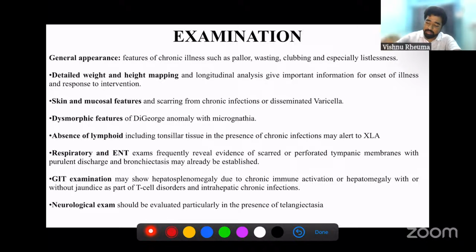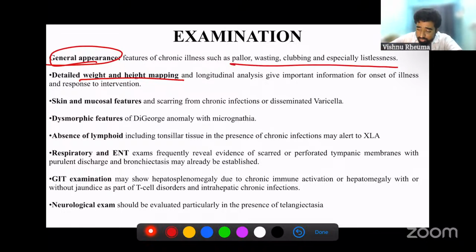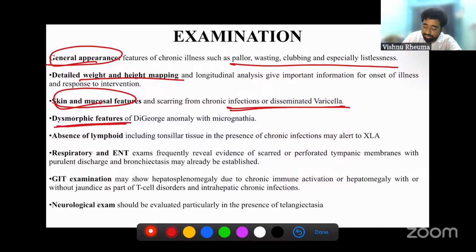PID is. For example, general things, there will be loss of weight, you have to do detailed, continued longitudinal testing of your weight and height. General appearance, you have to continually see, look at listlessness, basic general infection manifestations that are there. The skin and mucosa, especially, as I told you, for your phagocytic defects, you have to see dysmorphic features like your DiGeorge anomaly, where you have a T cell defect.